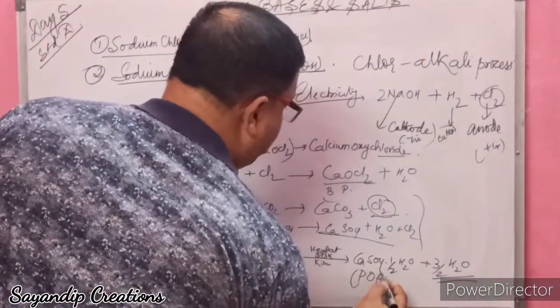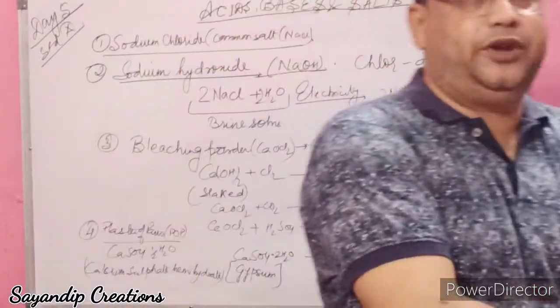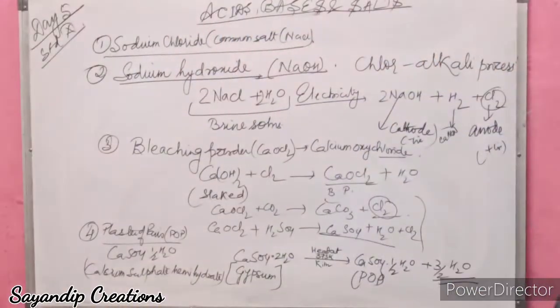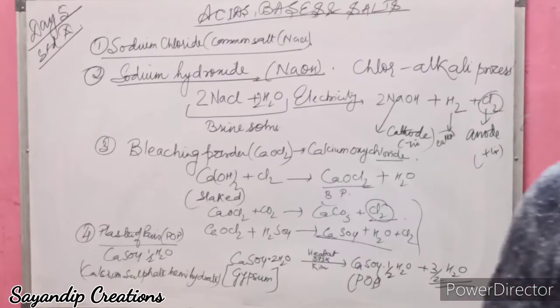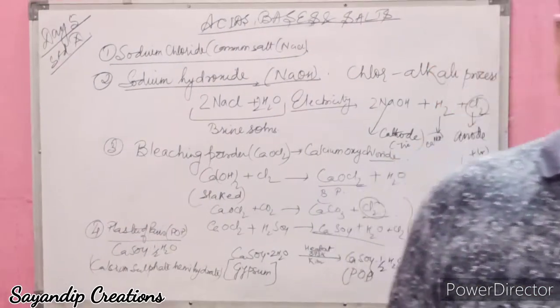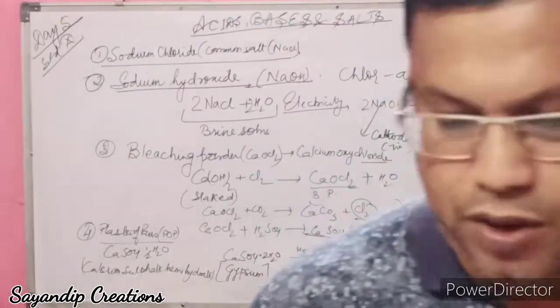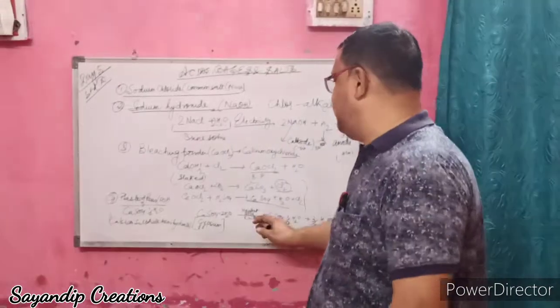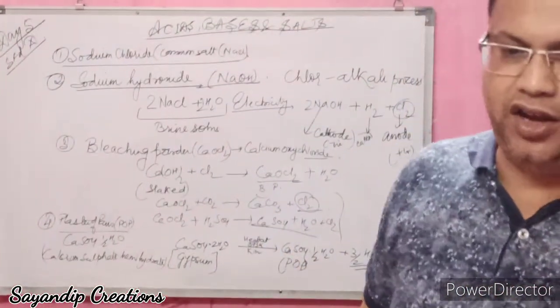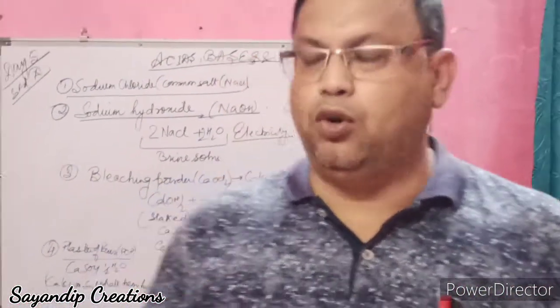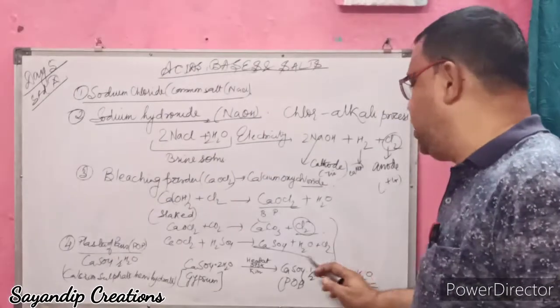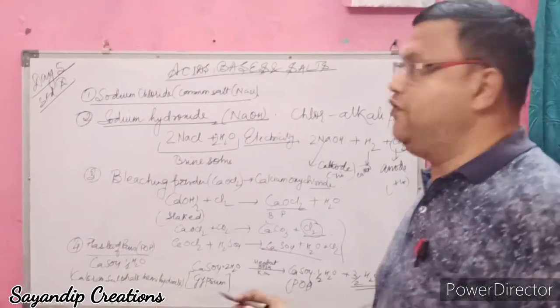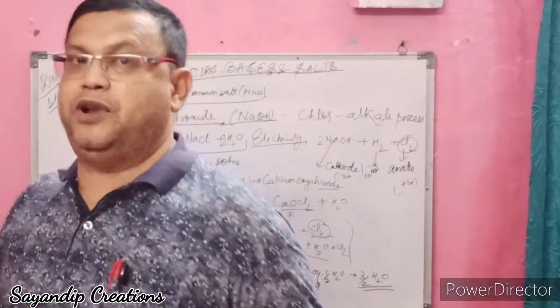You know plaster of Paris, which is used when our hands get broken, to do plaster. Now, during the preparation of plaster of Paris, heating should be done very carefully, because if the temperature is more than 373 K, the water will get evaporated and it will form dead burnt plaster.